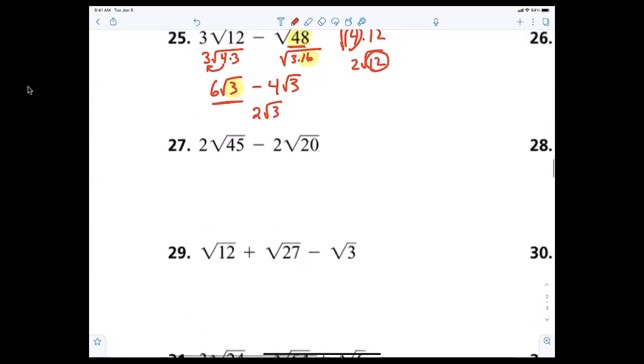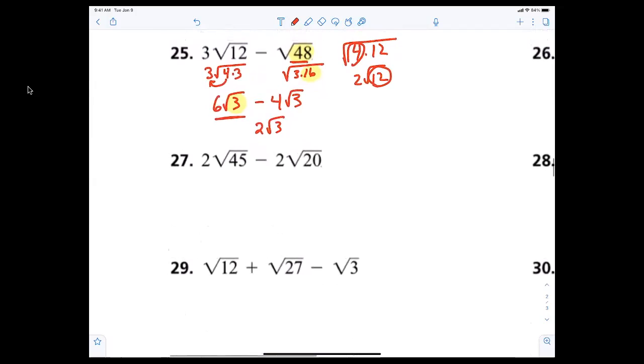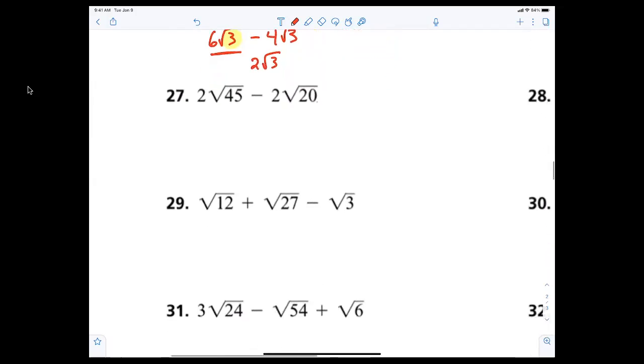What is the square root of 4? 2 times 3. Not addition. Not addition. All right, now you're up on number 27. 5 times what?